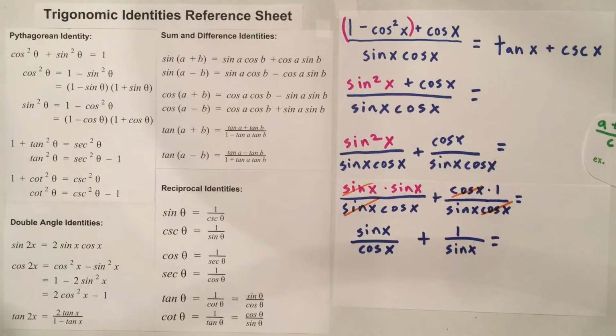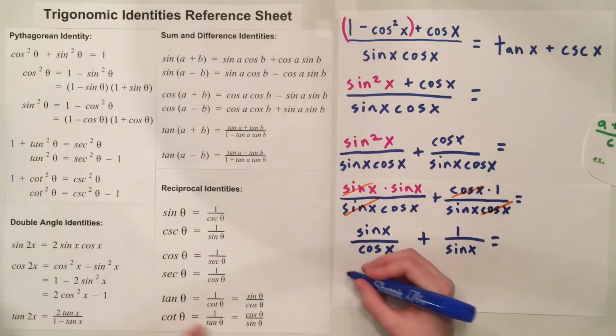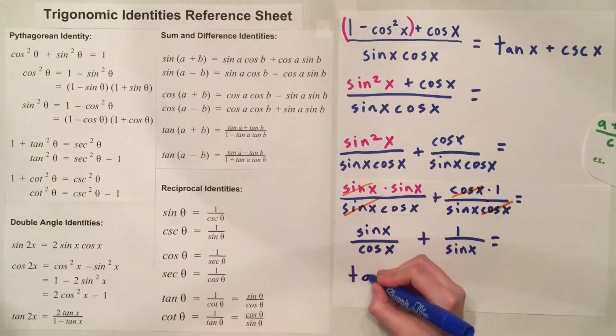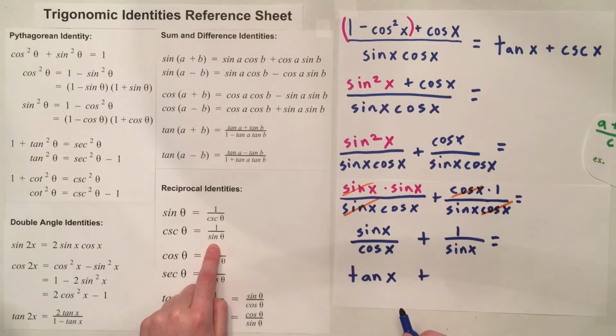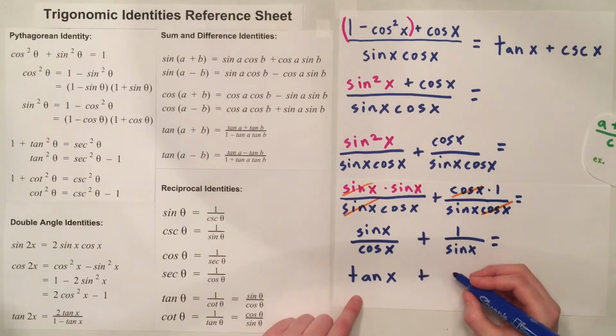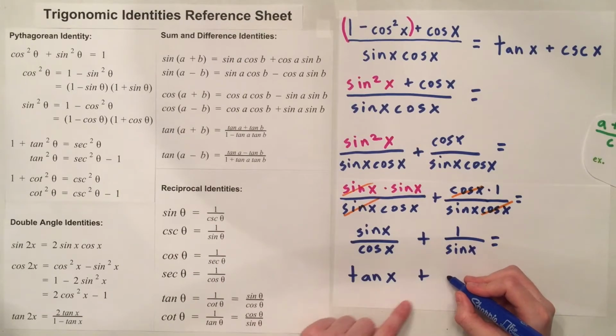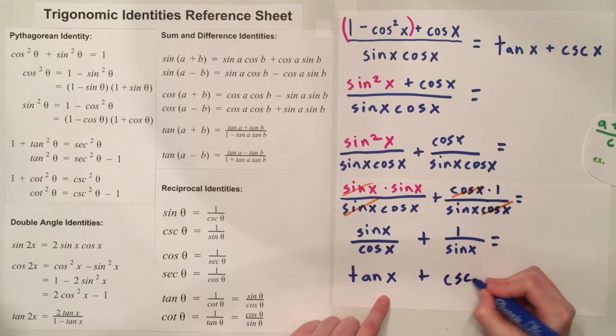And if we look at our trigonometric identities, we can see that sine x over cosine x is equal to tangent x. So this part is equal to tangent x. And we see that 1 over sine x is equal to cosecant x. So this is the same as cosecant x.